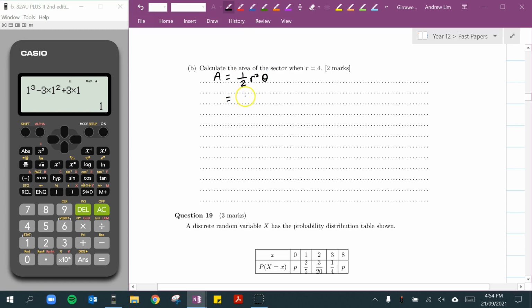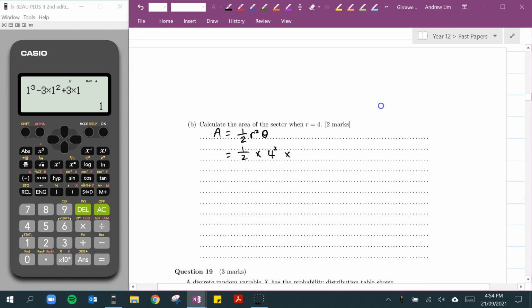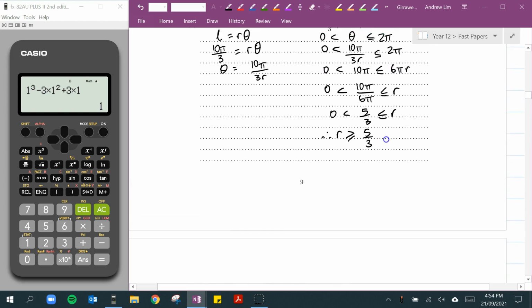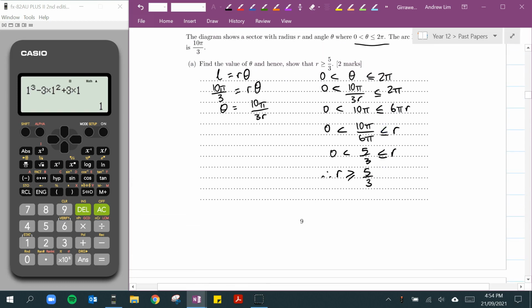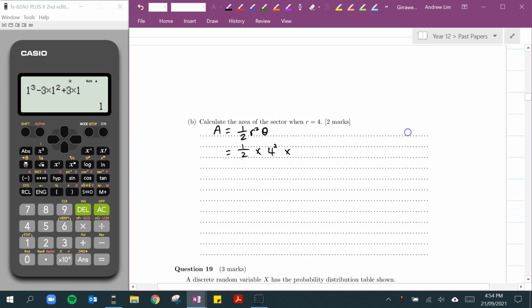So we have half times 4 squared times theta. But what is theta? According to the question above, theta is 10 pi over 3r, except here r is 4.